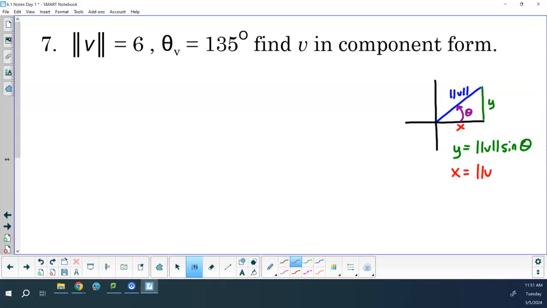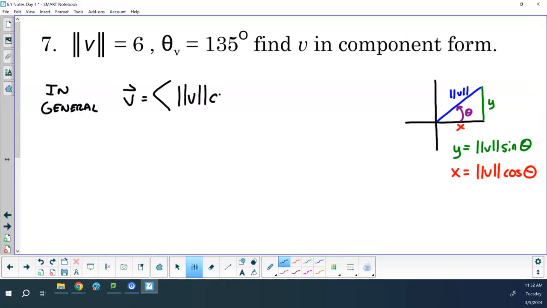And x would be cosine based off of SOHCAHTOA. So in general, vector v is going to be the magnitude of v times the cosine of the direction of v, comma, the magnitude of v times the sine of the direction of v.